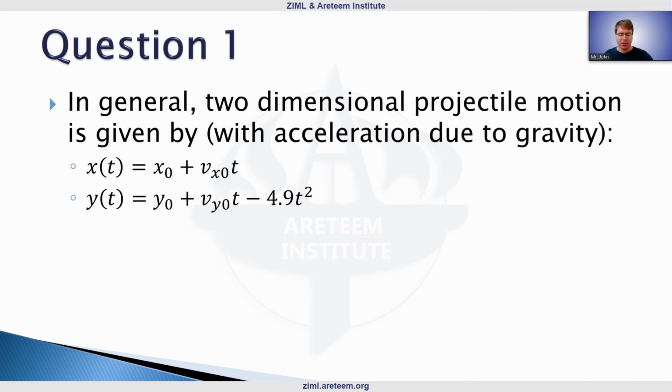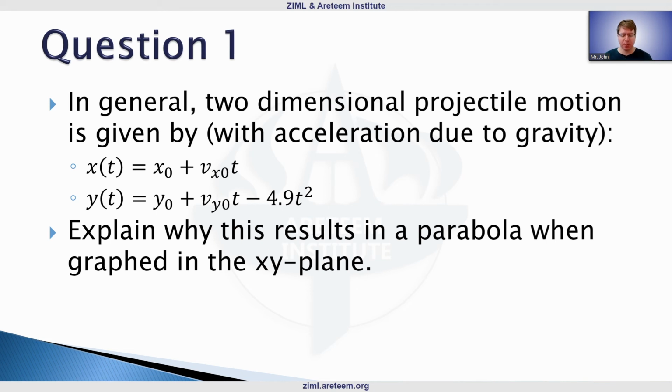And y initial position plus velocity in the y direction times time minus our 4.9t squared. This isn't too difficult, but explain why this results in a parabola if you turn this all into xy graphs. Explain why you're going to end up getting a parabola at the end.